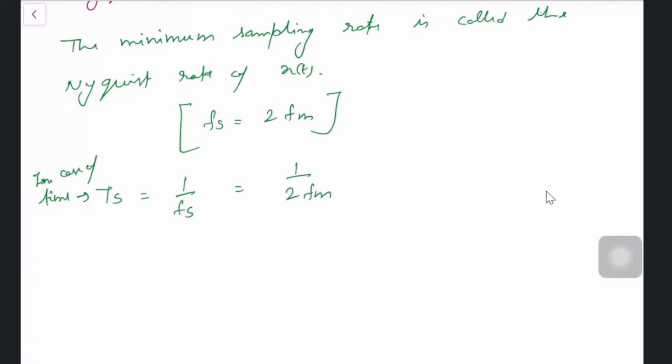So this is called your Nyquist interval. This is very important because this is the minimum criteria your signal should follow, otherwise you are not going to recover your message signal.